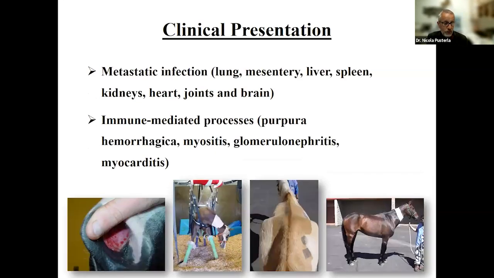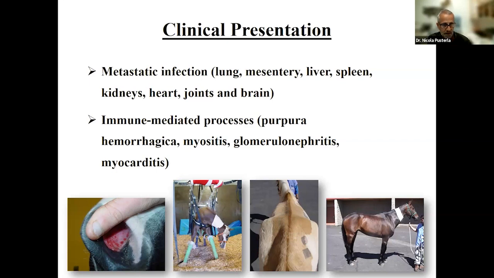I would say the majority of the cases follow a predictable pattern of upper airway infection and stay with that. There is a certain percentage, and that number varies depending on the literature, somewhere between 10 and 20% of the horses, that develop sometimes life-threatening complications. I like to divide them in 2 sets.